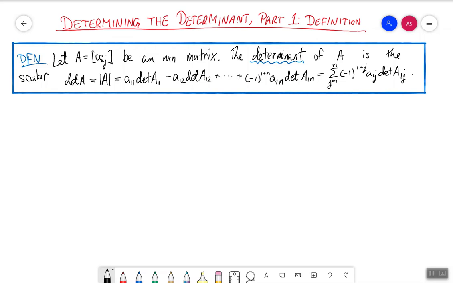Let A be an n by n matrix with the entries little a sub ij. The determinant of the matrix A is the scalar here.